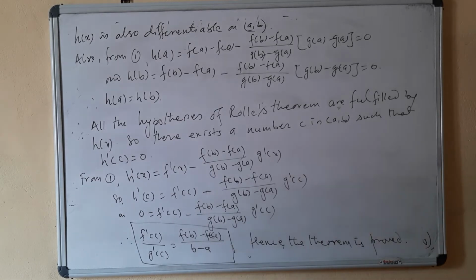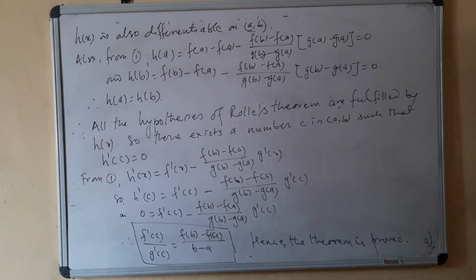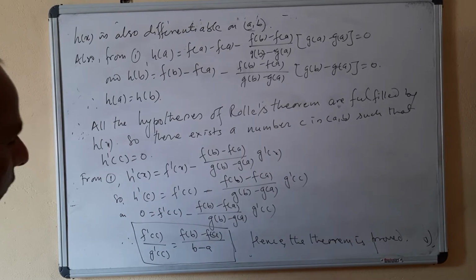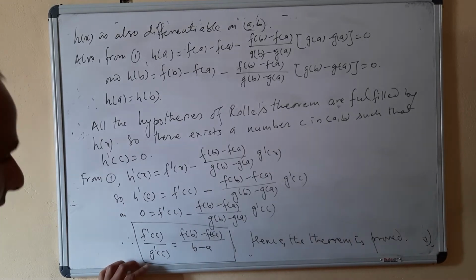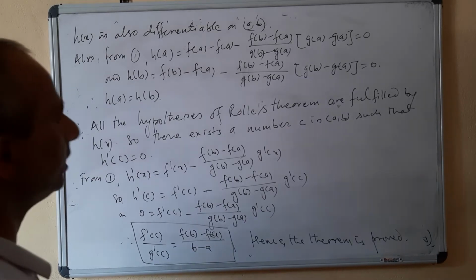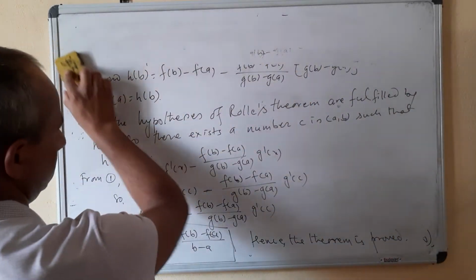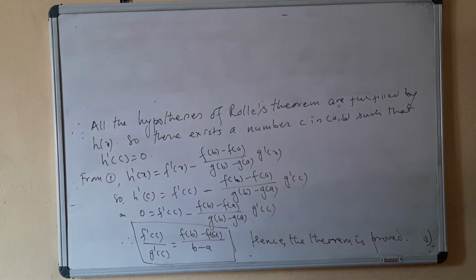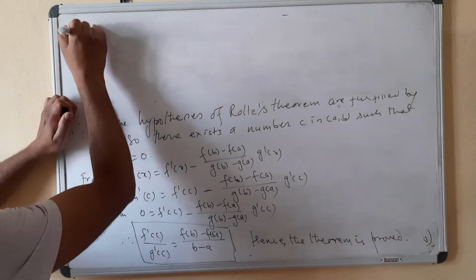As I told you just before, if you take g(x) equal to x, the theorem represents Lagrange's mean value theorem. And that is one of the facts about this one. Some facts.